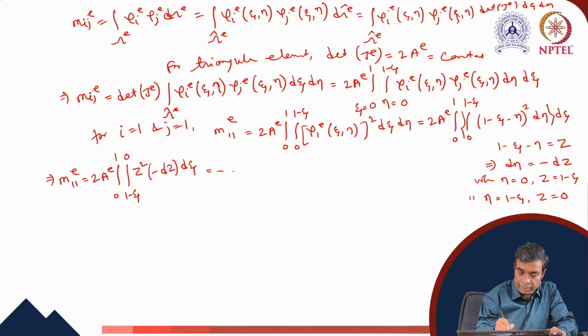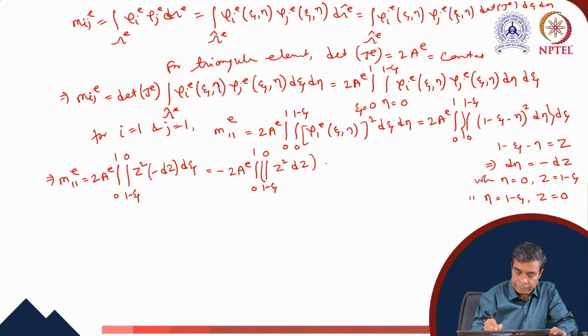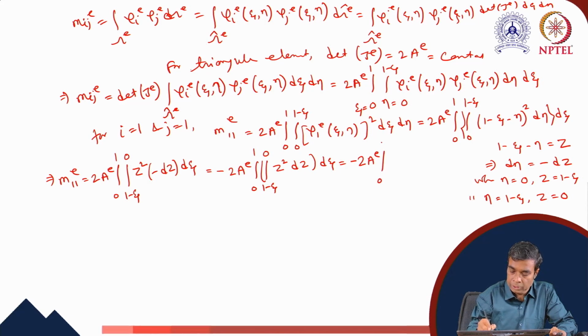This gives us minus 2Ae integration from 0 to 1, integration from 1 minus xi to 0 z square dz d xi. This is minus 2Ae integration 0 to 1. Here z square dz gives us z cube by 3, the range is 1 minus xi to 0, d xi.